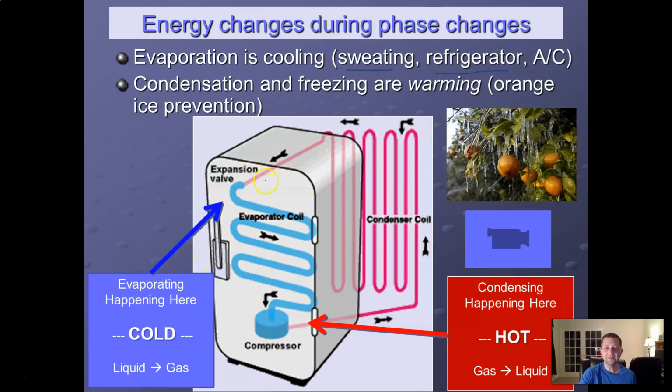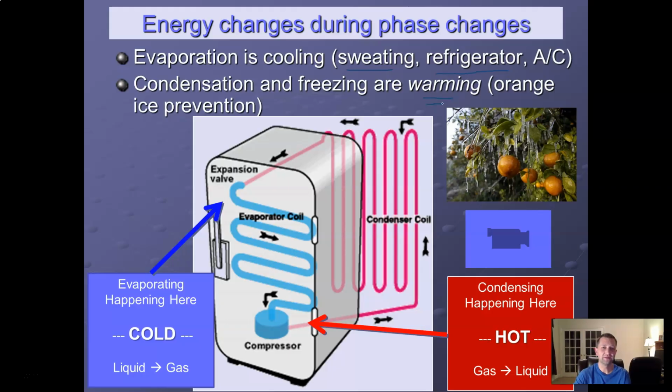Well, what happens to that gas? That substance that evaporated has to turn back into a liquid. Those are your condensing coils, usually found on the back of your refrigerator. If you ever noticed, they feel hot, they feel warm, because condensation is a warming process, okay?